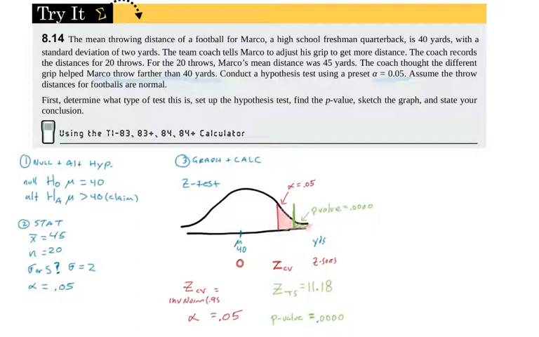And then the critical value, we either use our tables backwards, so getting the area inside, or you could do an inverse norm. And that's going to give you 1.65 there. And again, area to the left is going to be 95. Since you have 5 to the right, you have 95 to the left. That's the complement of that. And there's your z test statistic and your z critical value.